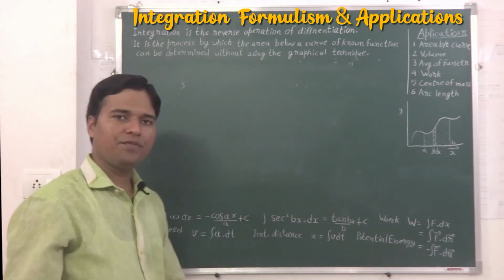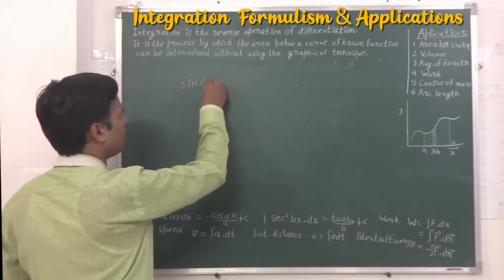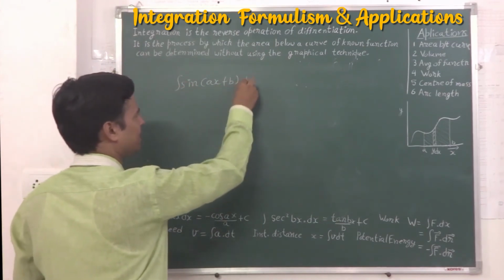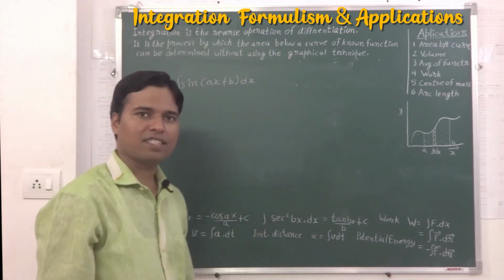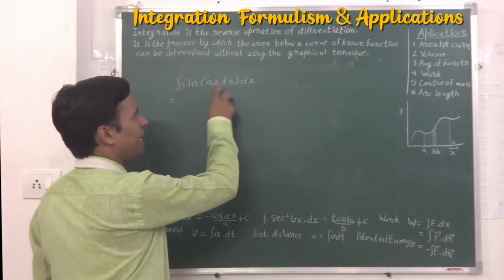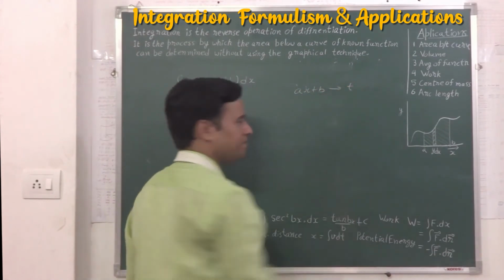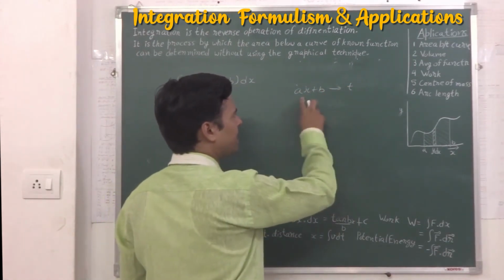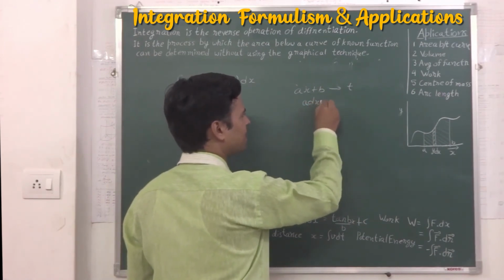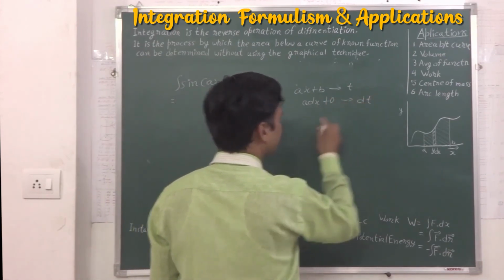What will you do if you have a function like sine of (ax plus b) and you want to get its integral with respect to x? In that condition, replace this ax plus b by another term t, then get the derivative on both sides and you will get a dx plus 0 equal to dt.